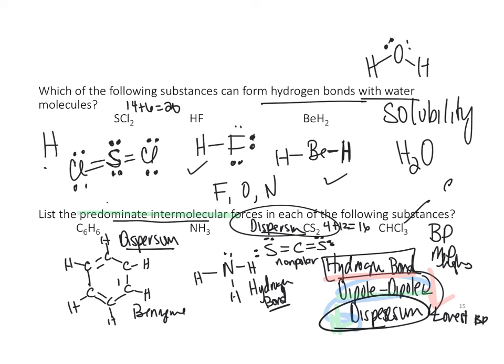And then this one here, carbon tetrachloride, and you can see that you're going to have a dipole. It has a hydrogen, but is the hydrogen bonded to an oxygen, nitrogen, or fluorine? No, so it's not a hydrogen bonder. Okay, so this one is dipole-dipole, because there is no symmetry and there is an electronegativity difference between carbon and fluorine.